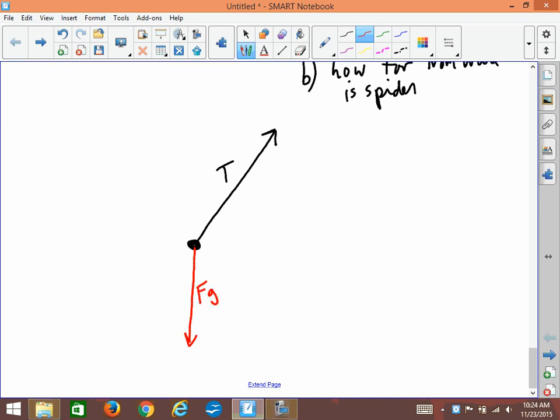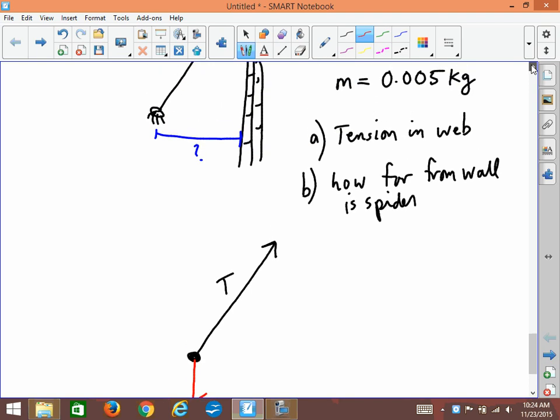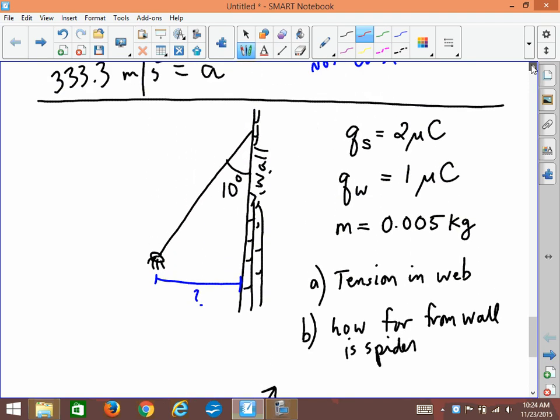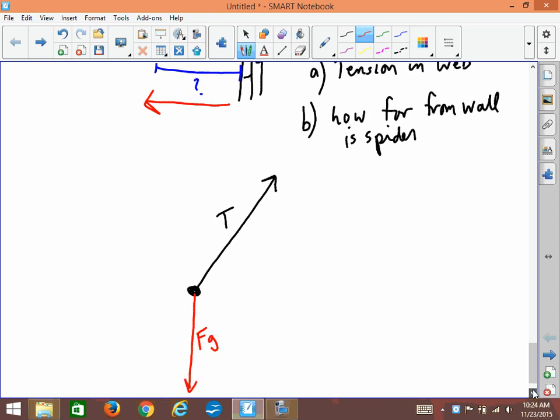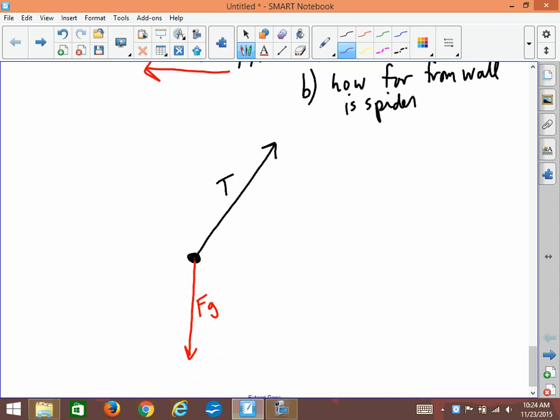And if we go back to our picture and look at the electrical force, since both the spider and the wall have positive charges right here and here, there will be a repulsion, which means the electrical force must be pushing outwards on the spider. He's repelled away from the wall. So the electrical force goes straight out from the wall, I'll do it in a different color to keep it straight. So here is my electrical force, Fe.